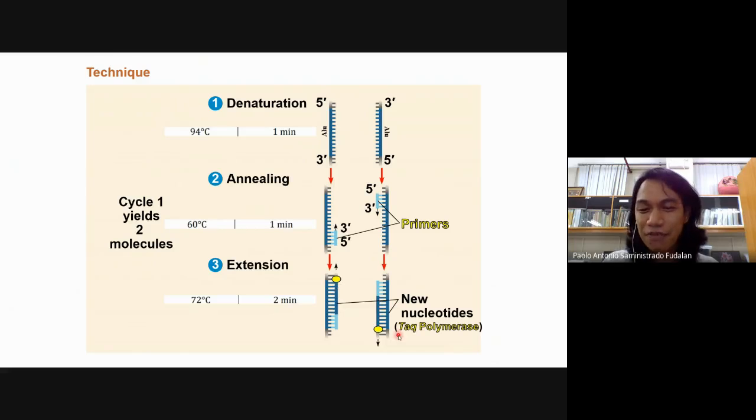And the name of that polymerase is Taq polymerase. What does Taq stand for?